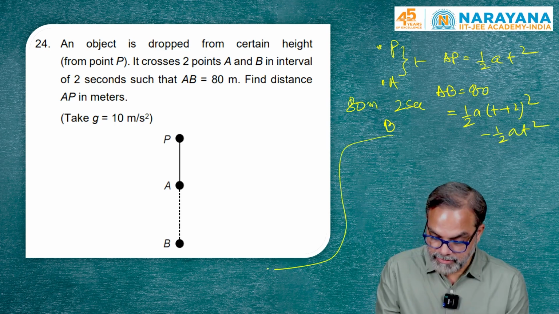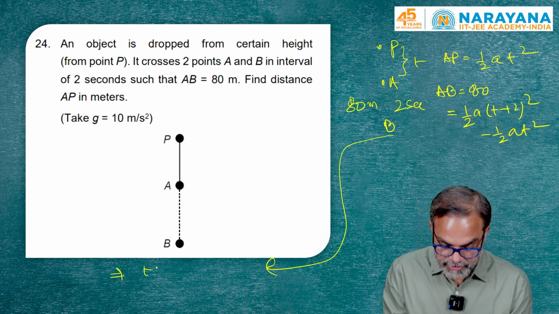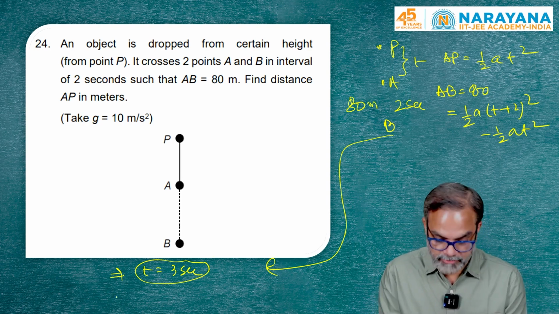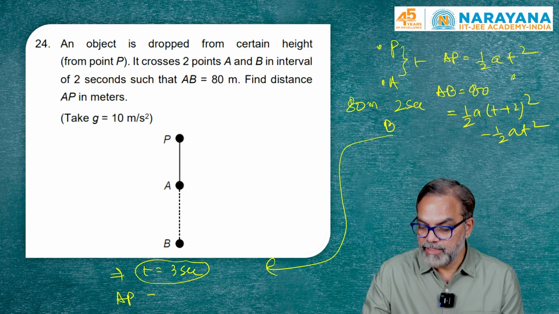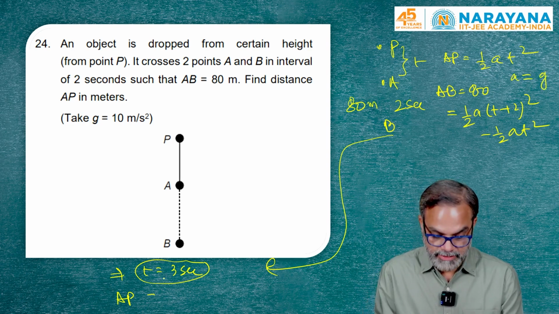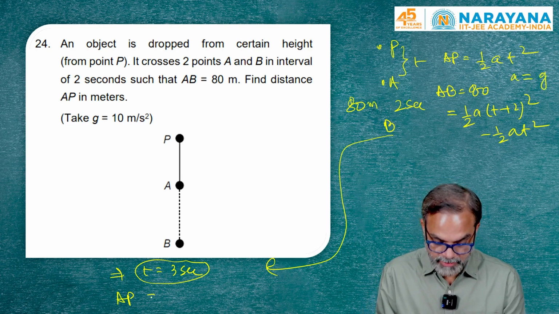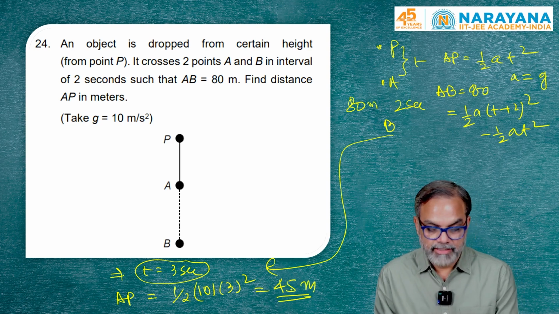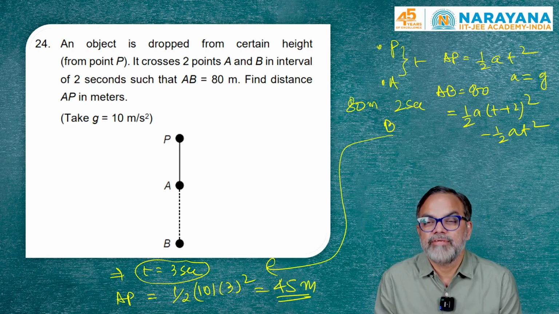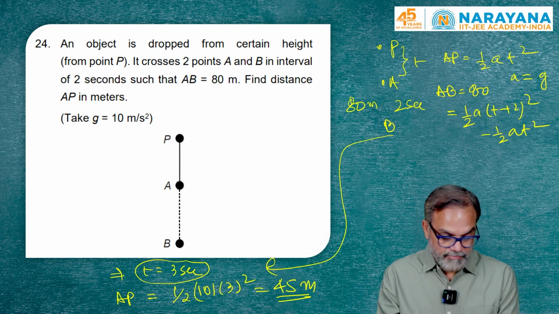And on simplification gives us T is equal to 3 seconds. So if I put it over here, I get the value of AP. A here will be equal to g, and if I make substitution, AP will be half 10 into 3 square, so that's 45 meter. So that's the answer. Straight away, simple question from kinematics based on free fall.